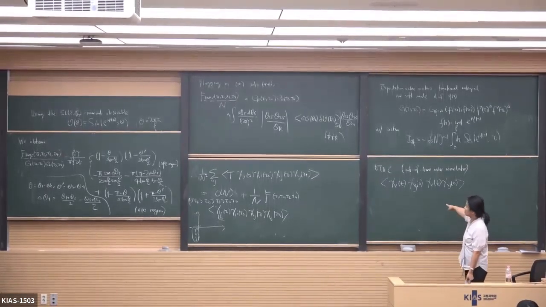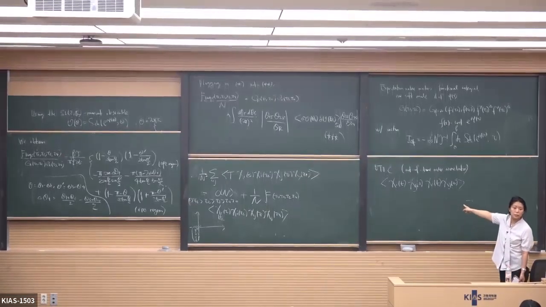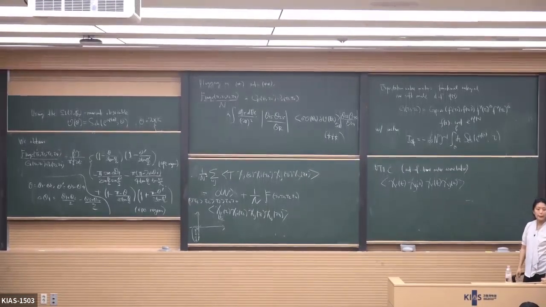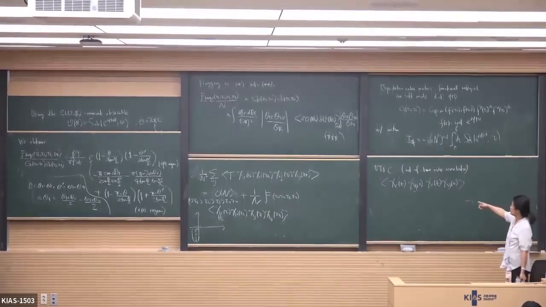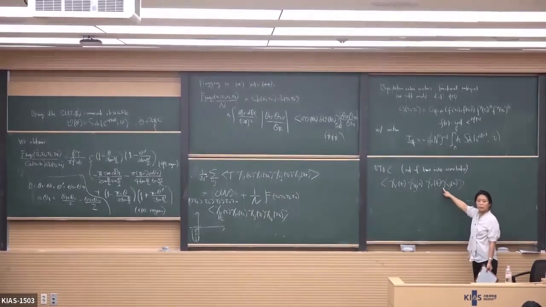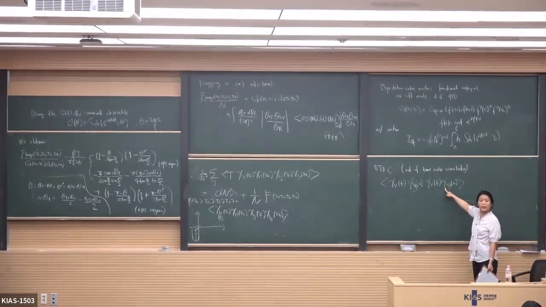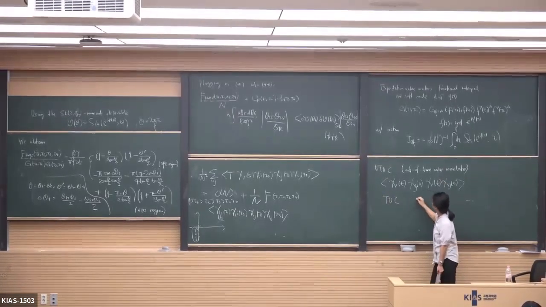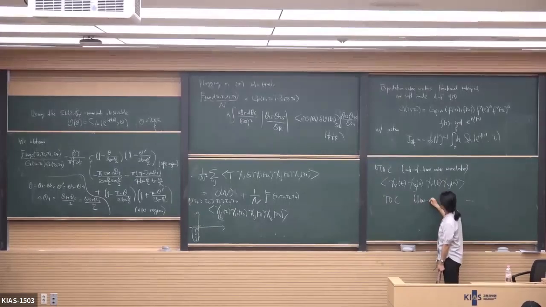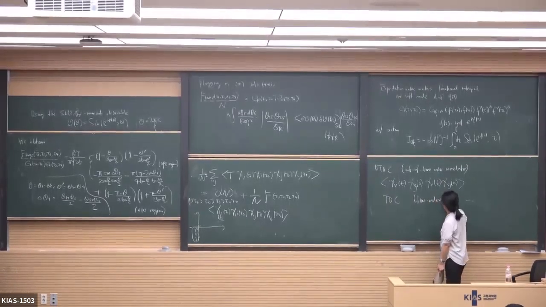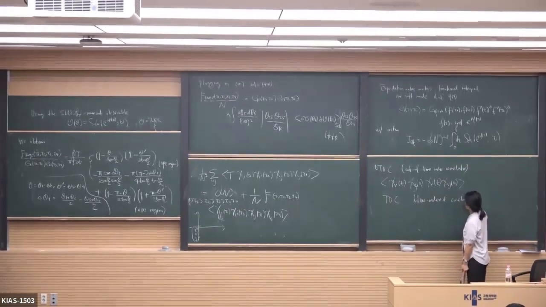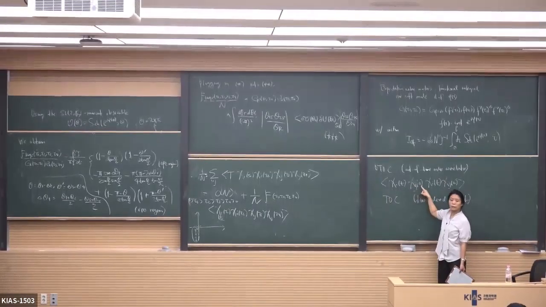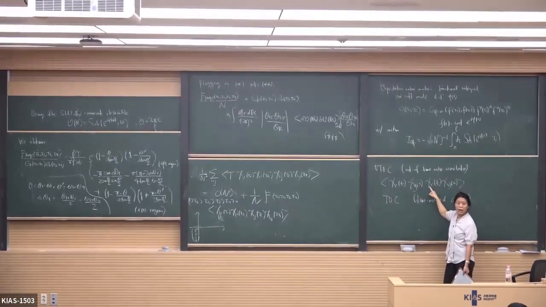So does everyone understand OTOC, what an OTOC is? Does everyone understand how this is different from a regular time-ordered correlator? So what's a time-ordered correlator? Time-ordered correlator means that you have to order the operators according to time, right?